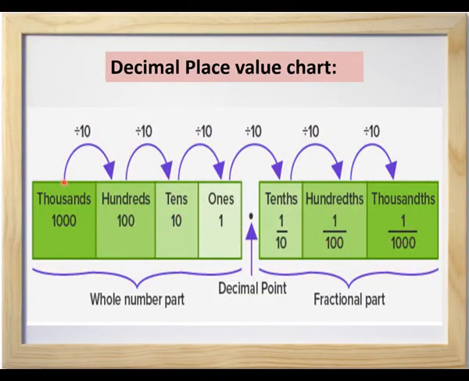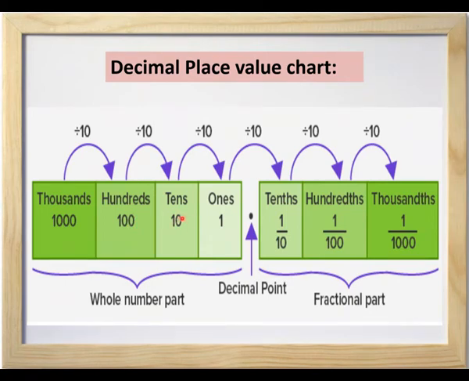Children, did you all notice that when we move the places from left to right, the value of the place decreases 10 times? When we divide 1000 by 10, we get 100. When we divide 100 by 10, we get 10.